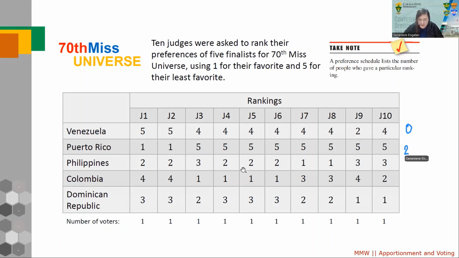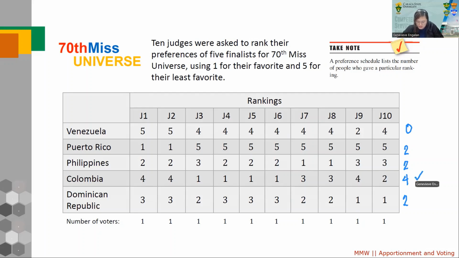Si Philippines, duha. Si Colombia, apat, ma'am. Then si Dominican Republic, duha. So kung we use plurality method, kinsay daog? Colombia, ma'am.